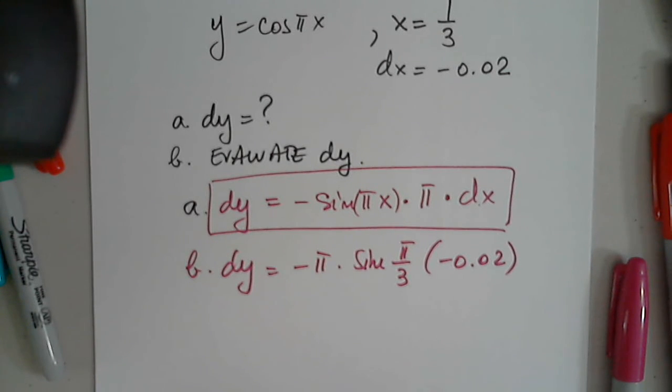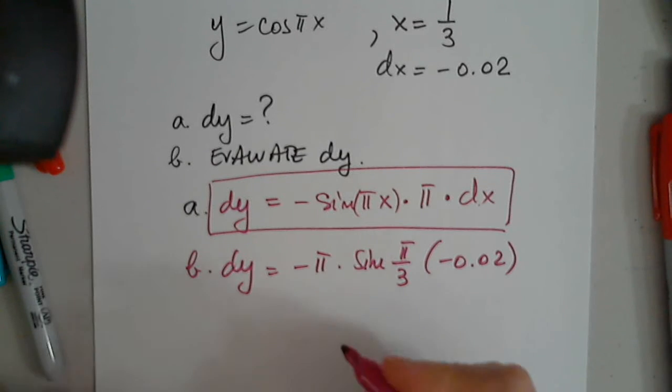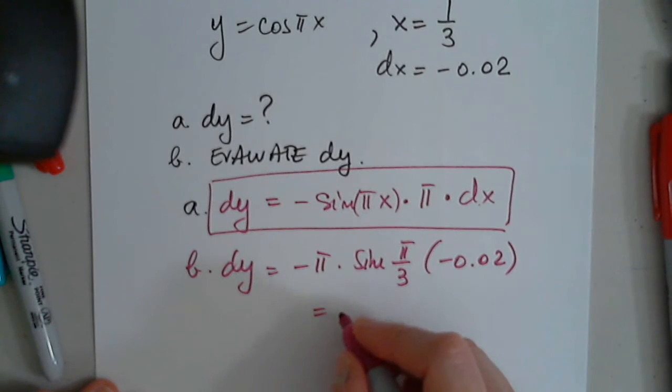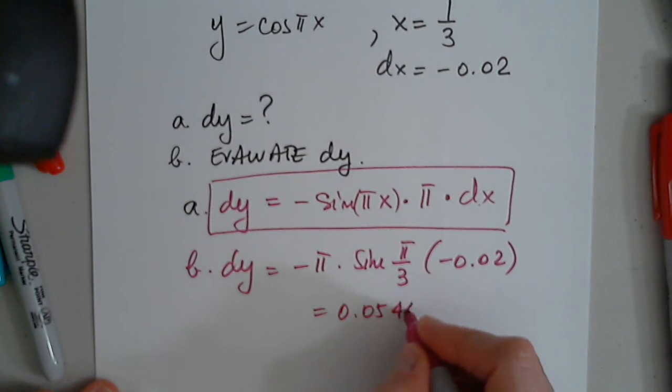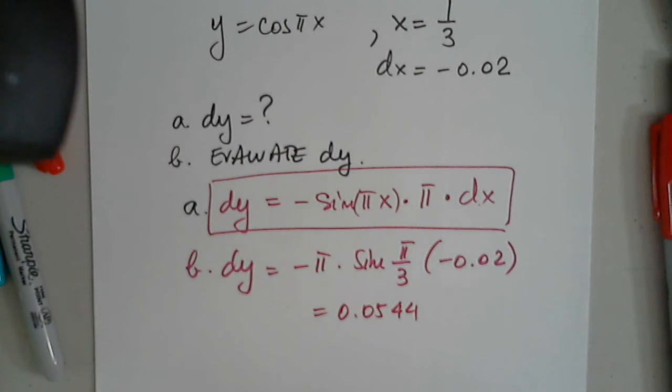I know the answer is the square root of 3 over 2, but I need an approximation, so it's the same thing if I just put it in. Sine pi divided by 3, and then multiplied by 0.02. And the answer is that. So this is the approximate error, 0.0544. I would choose 4 decimal digits.